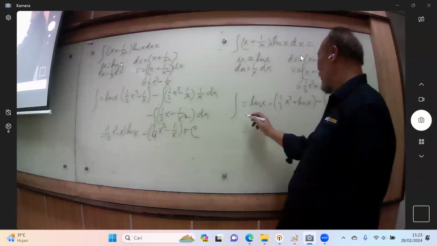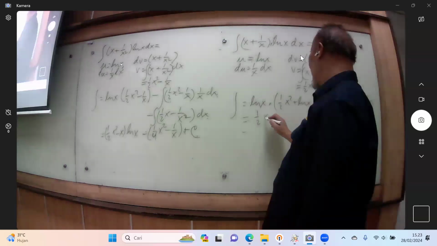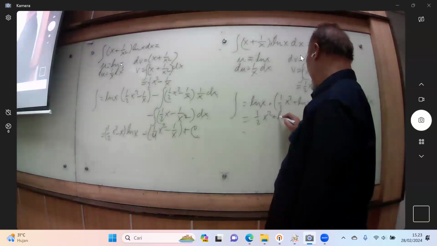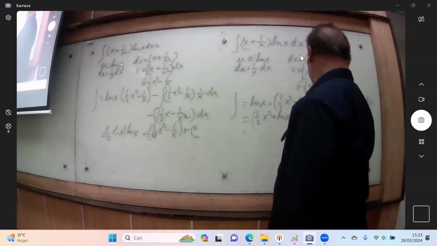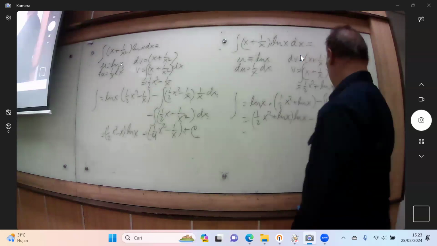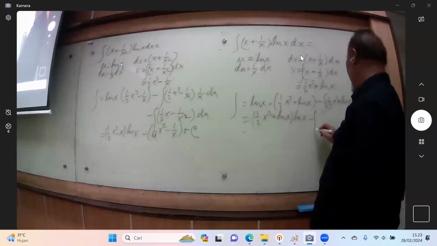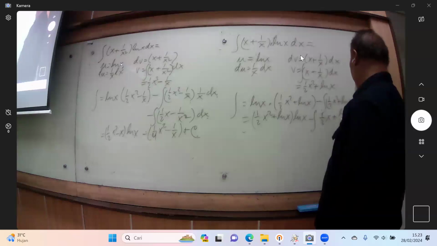So it is equal to half x squared plus ln x multiplied by ln x, minus the integral of 1 divided by x plus ln x divided by x dx.